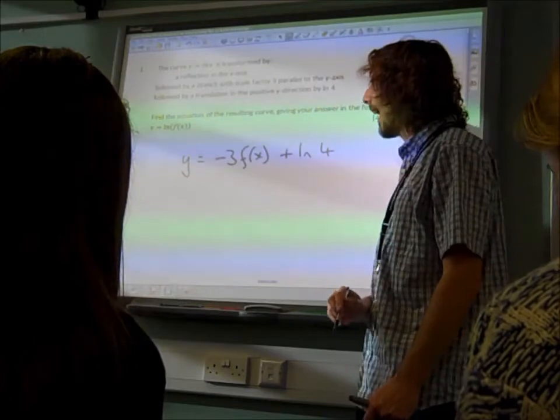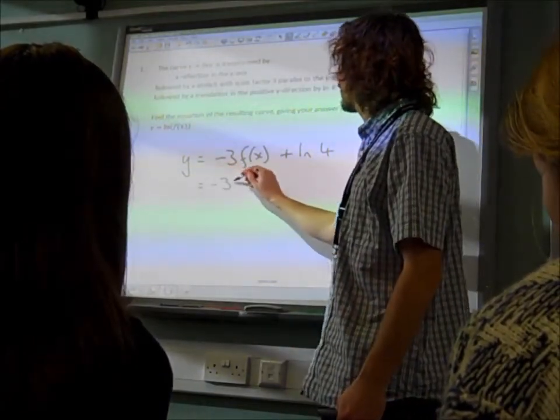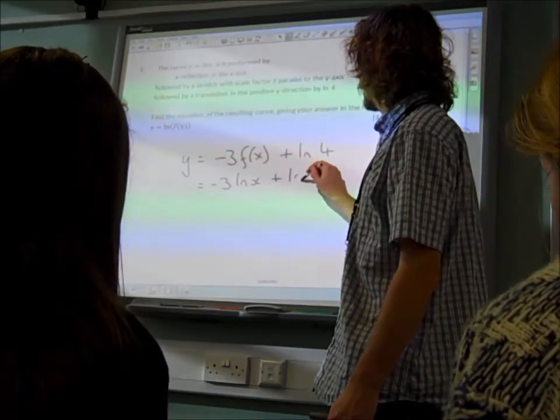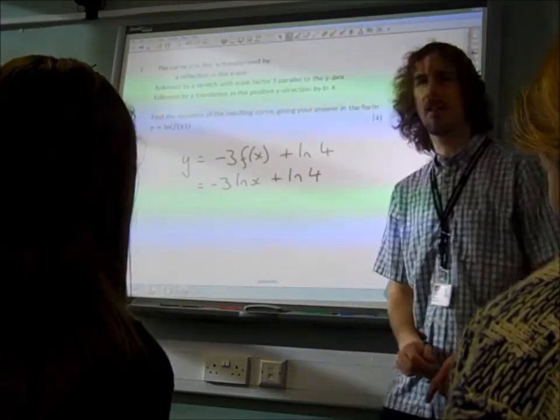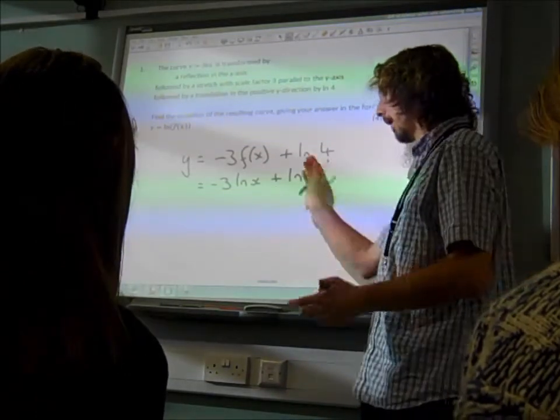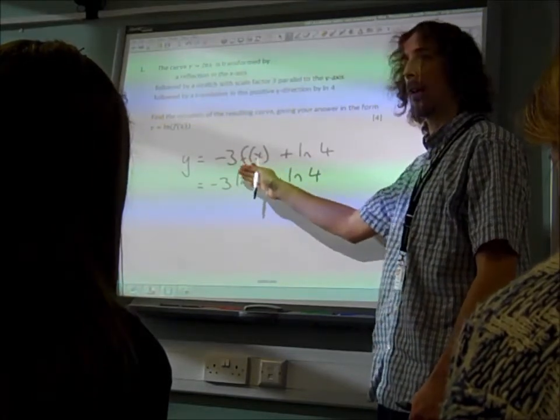So that's what the function looks like in function notation. We have to write it as the natural log of a function. So this is minus 3 times the original function, ln x, plus ln 4. We've got a little bit of tidying up to do with that. Before we can combine these, we need to have them both as 1 times natural log of something.